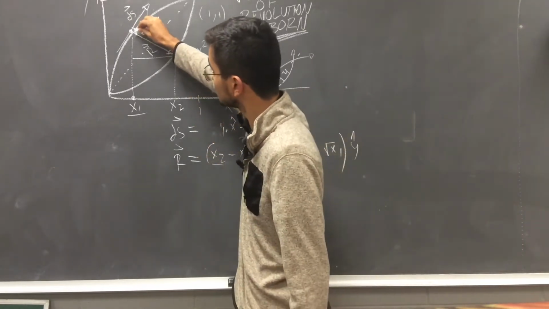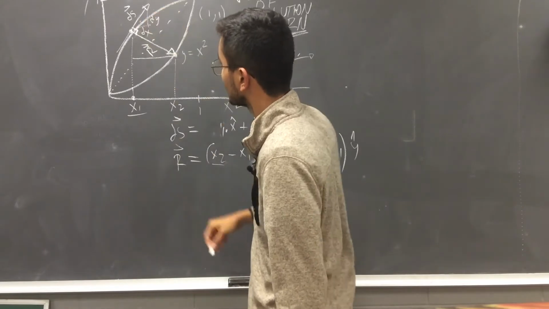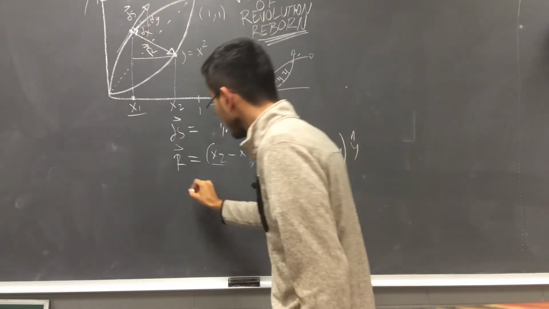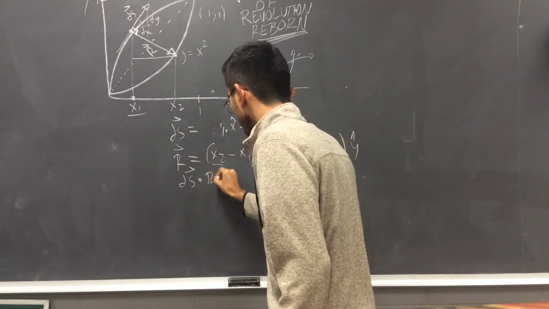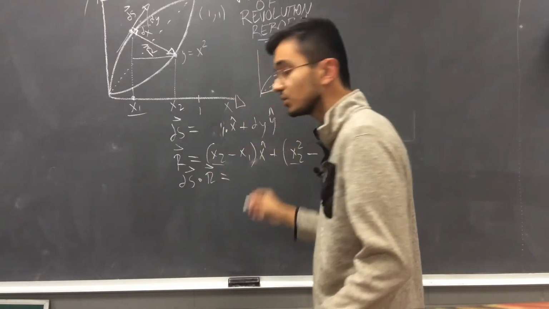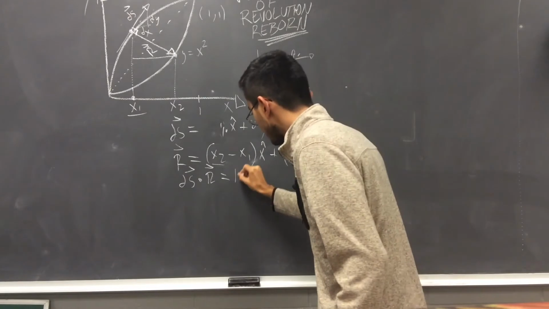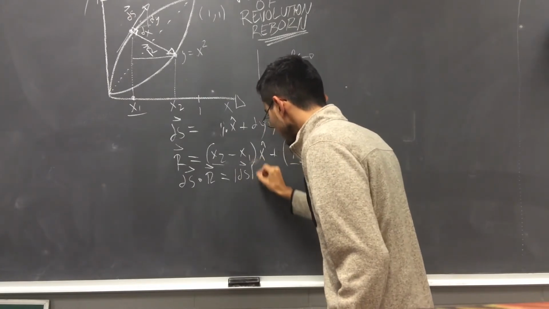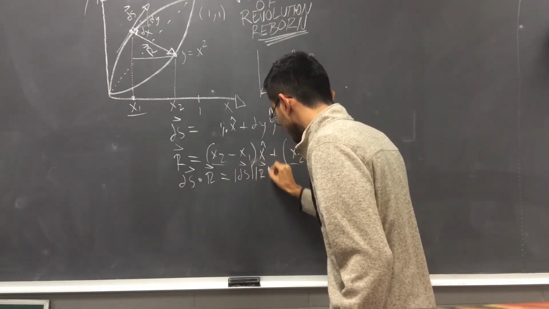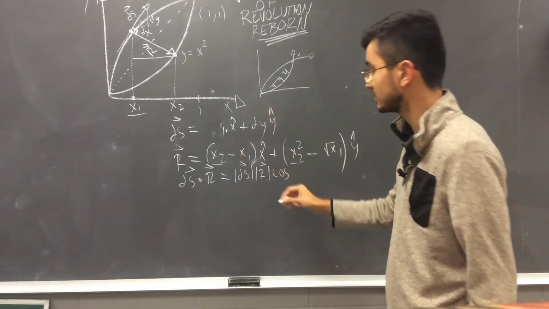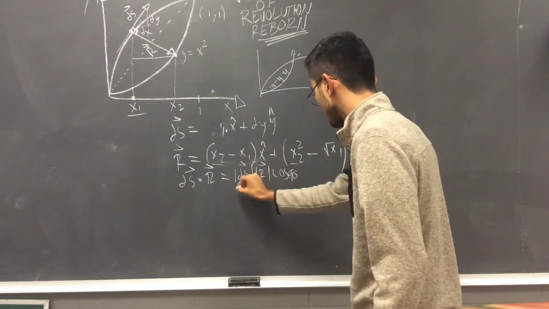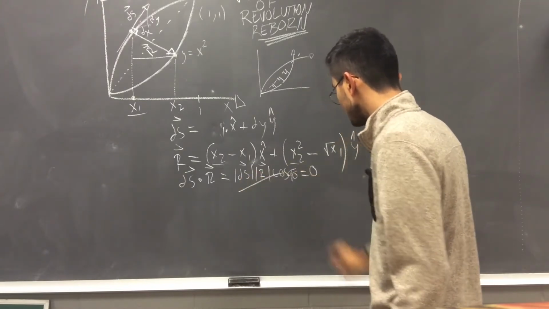Since these two vectors are perpendicular to each other, we know that the dot product of these two vectors, ds dot r, is always going to be the magnitude of ds times the magnitude of r times the cosine of the angle between them. And the angle between them is 90. Cosine of 90 is 0.